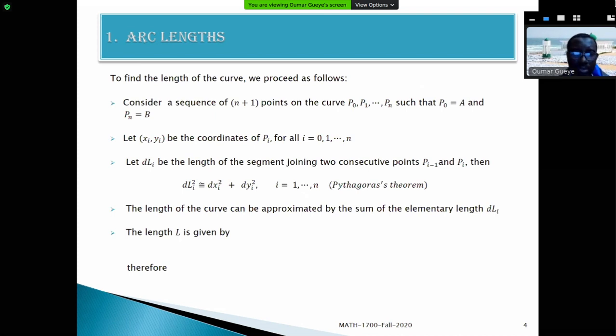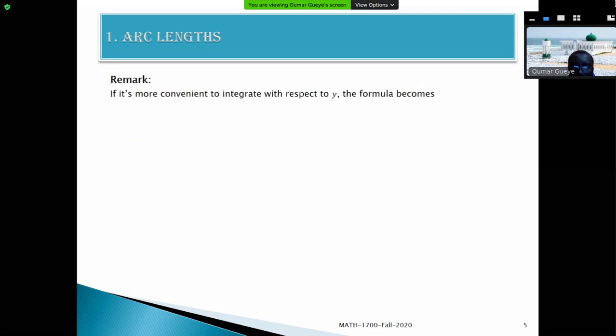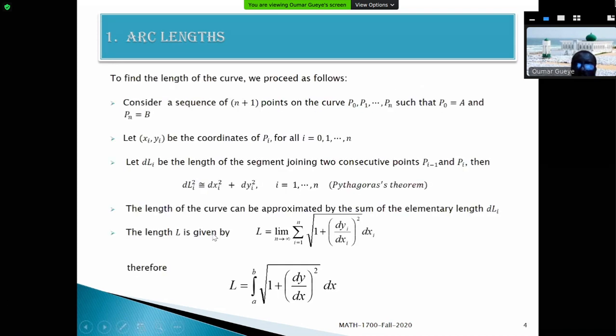And as I told you, we approximate it by using the Pythagoras theorem when we create our rectangle, and adding all these elementary lengths, dLi.